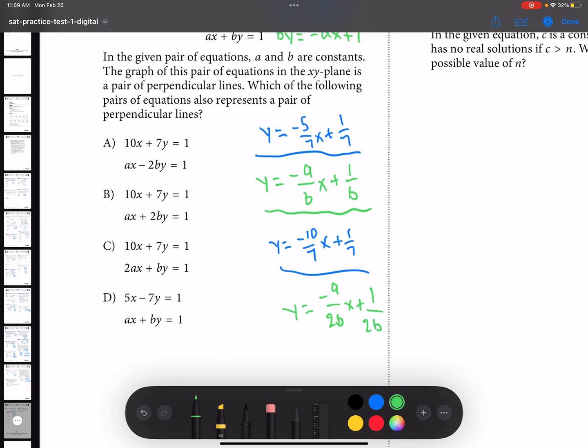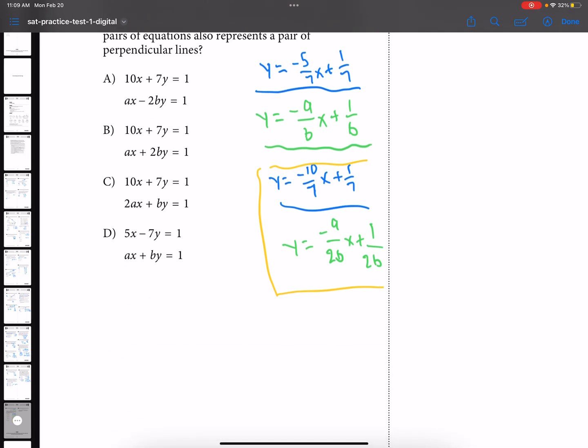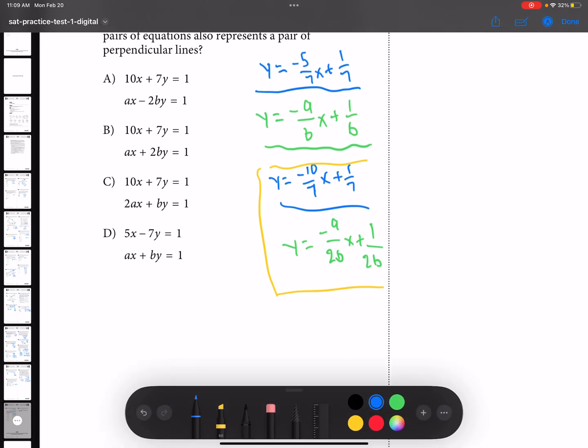All right, now we have these two equations here. Now with these two equations, what we're going to do is put it back into standard form. By putting it back into standard form, we can find out which of the answers it is. So when I put these back into standard form, we get 7y is equal to minus 10x plus 1.